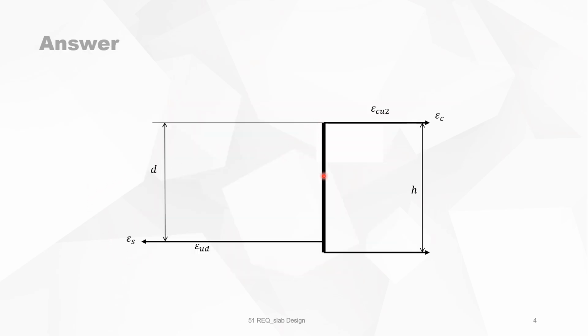First, we look at the strain diagram with, on the right-hand side, the concrete strain. On the left, we have the steel strain with effective depth d and a total depth of h. We are in the region of simple bending, so in region 2A, we have two limits in that region, and we are looking for yielding of the steel, just yielding of the steel.